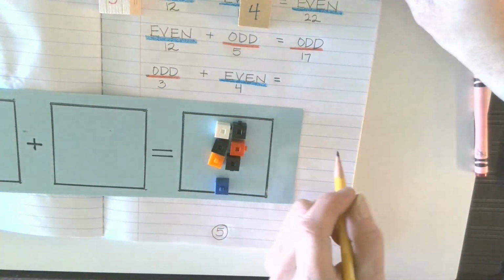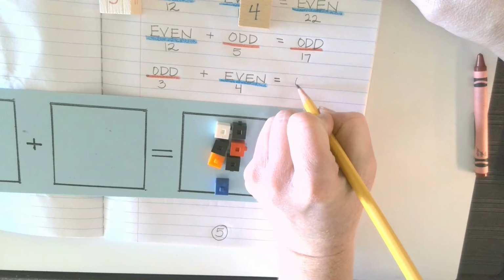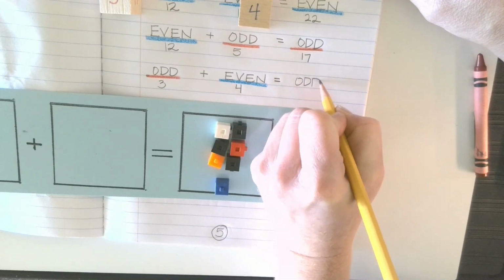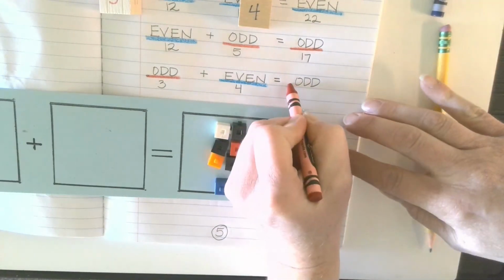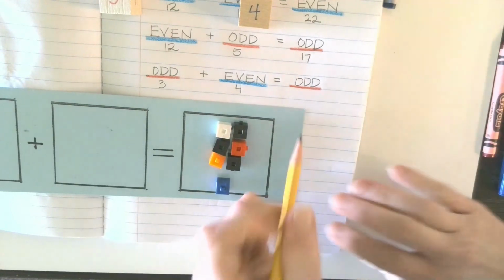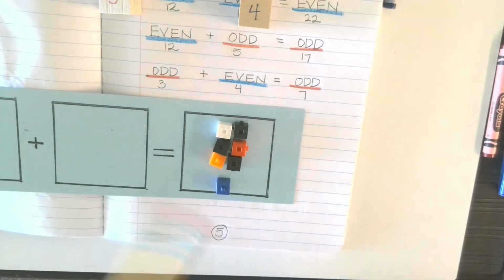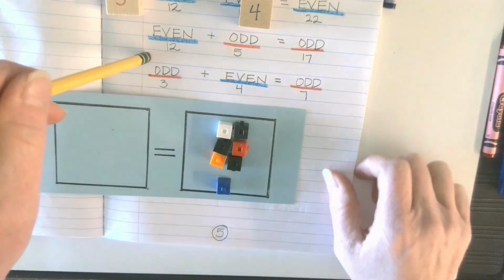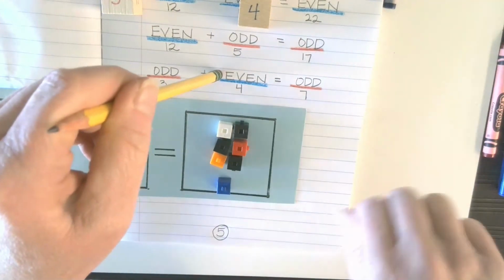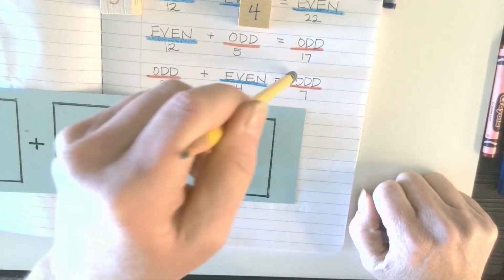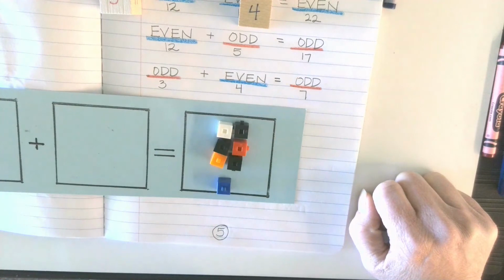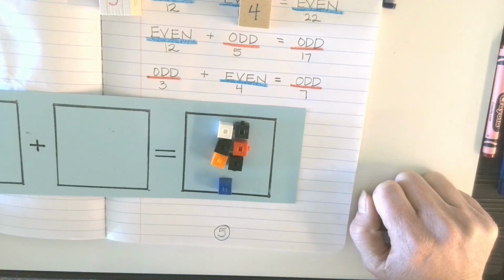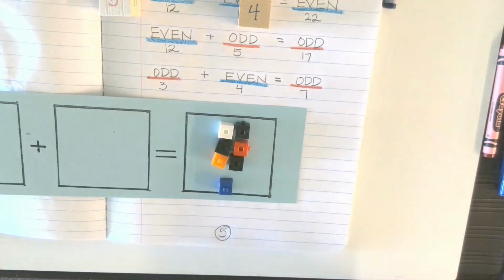So 7 is what? Odd. So anytime I have an odd number, any odd number, plus any even number, my sum is always going to be odd. Okay.